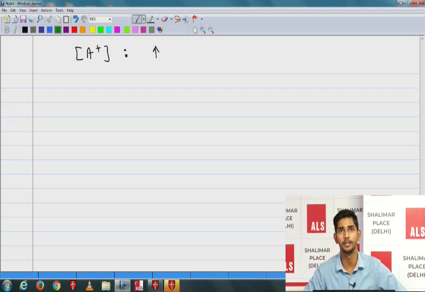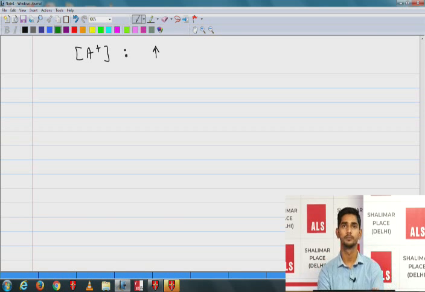What should be the direction of equilibrium? How is it possible that if the concentration of product is increasing, the direction would be forward? It should be backward.